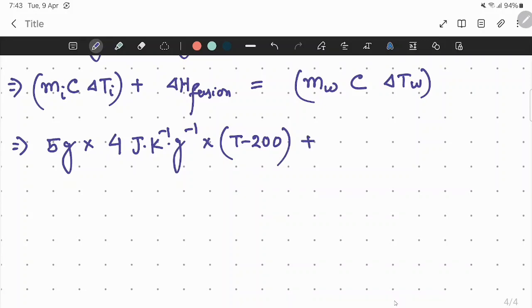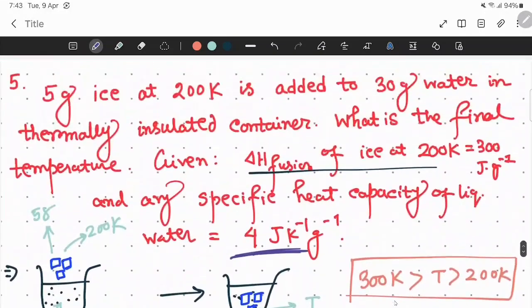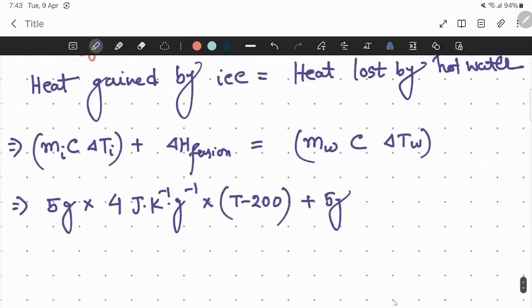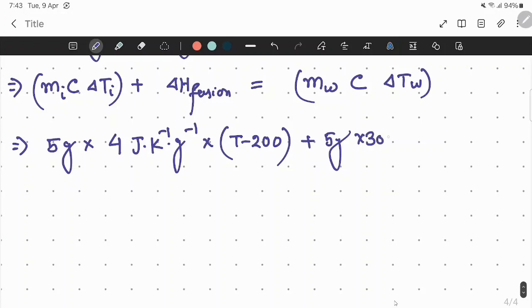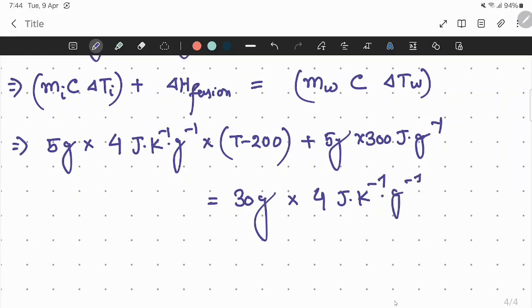Del H fusion is 5 gram into 300 joule per gram, which is given. So eventually you have to multiply it with the 5 gram. And on the right hand side, it is 30 gram of water having the same heat capacity, but here it is 300 minus T.